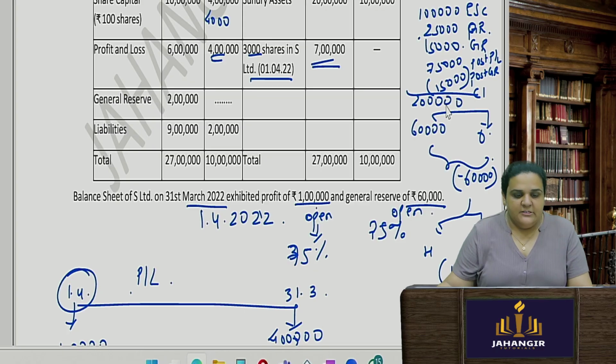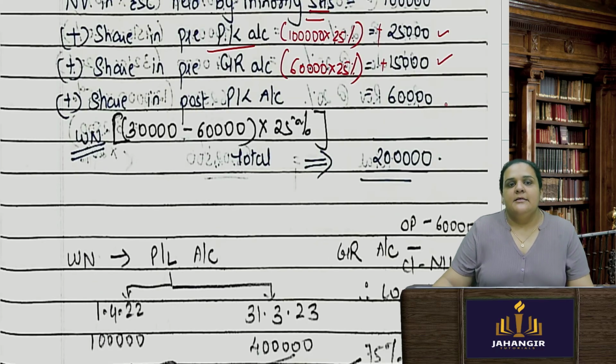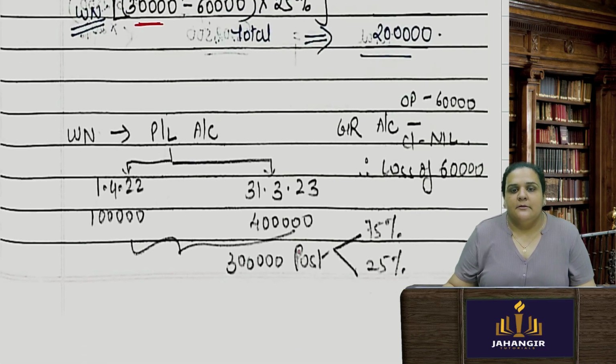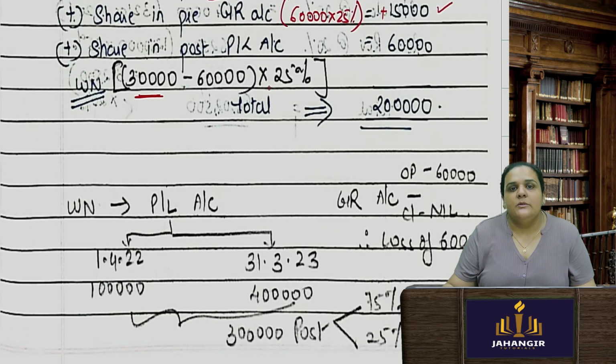You can do it this way also, or what I did is, since I knew that the current year's profit is rupees 3 lakhs, and in PNL I am writing off a loss of minus 60,000. So from 3 lakhs only I removed 60,000. So basically what I did is 2,40,000 into 25%.